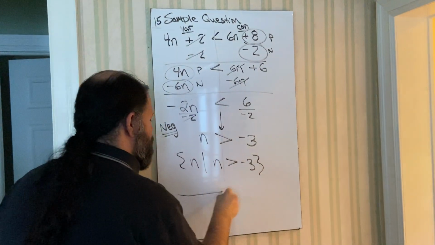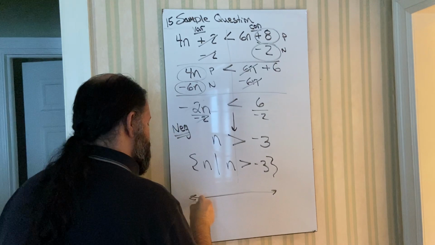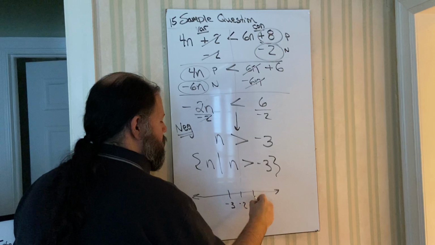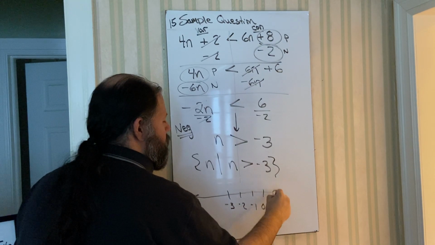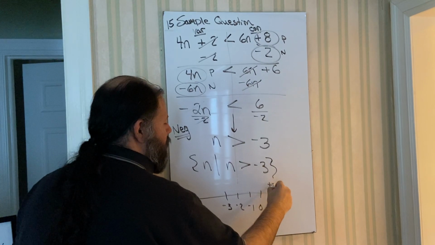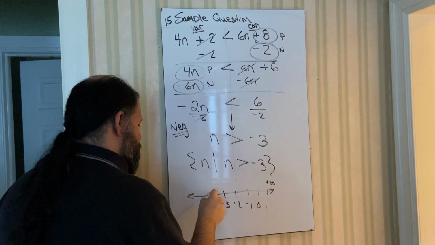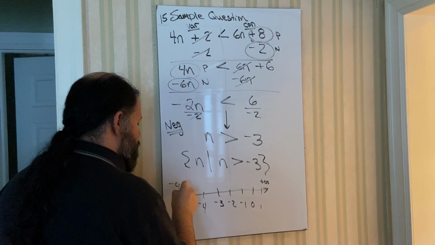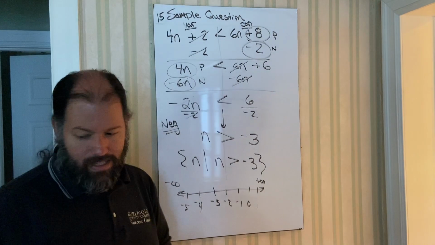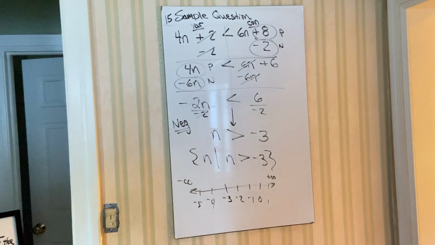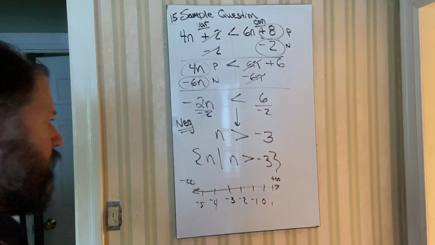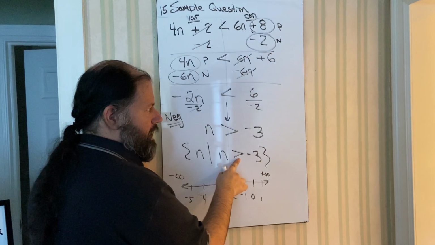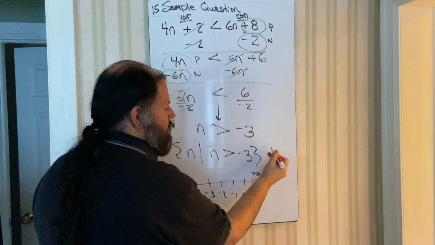Graphing. We told you just draw a number line. I'll put negative 3 here, and negative 2, negative 1, 0, 1. Remember, you're going to the positive side here. And then over here, negative 4, negative 5. This is negative land. Now, at negative 3, we're going to put not brackets, but parentheses.